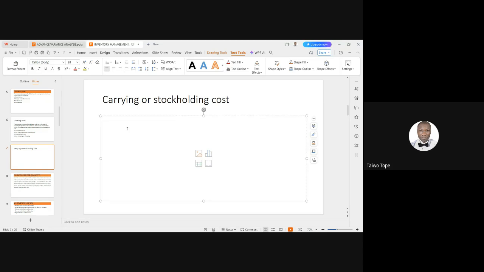So this carrying or stock holding cost, in order not to waste much time, because we need to solve an example and you also need to solve a classwork, these are costs incurred whenever material is stored in the warehouse. The cost of maintaining those goods in the warehouse.